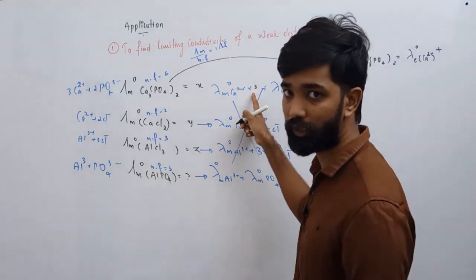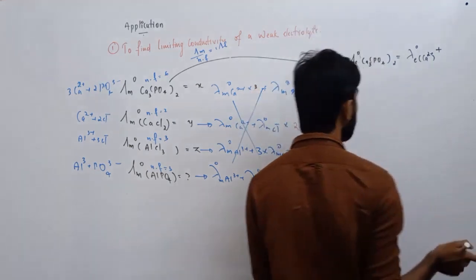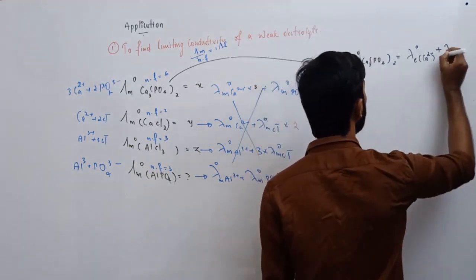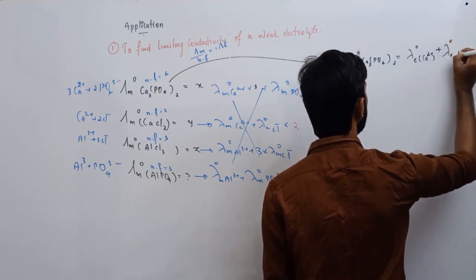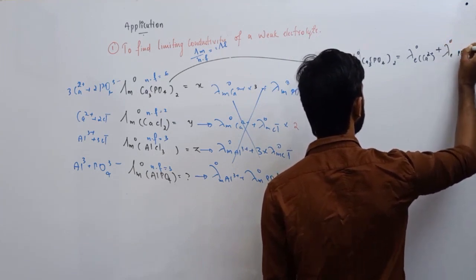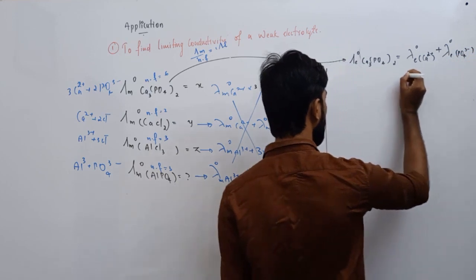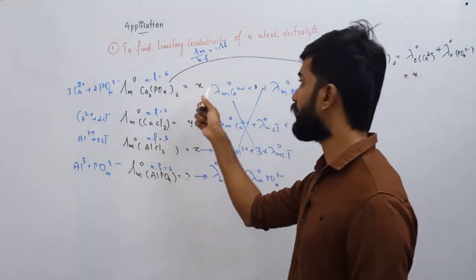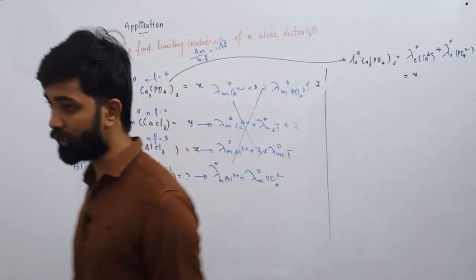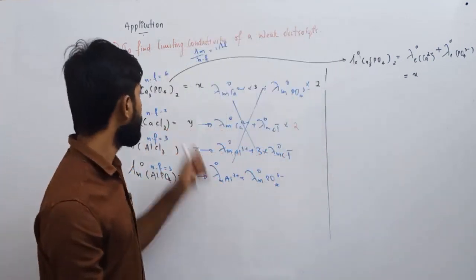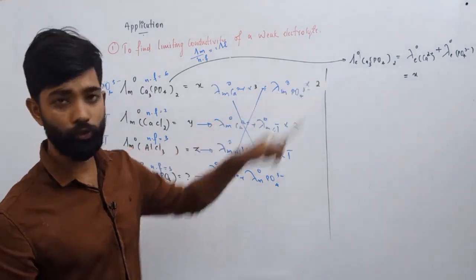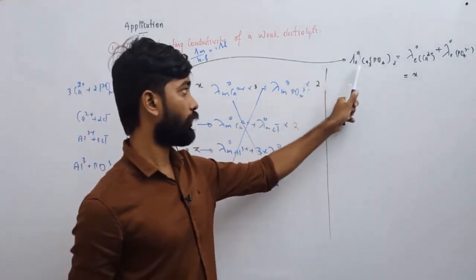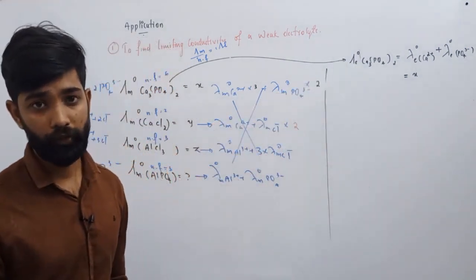No need of multiplying with 3, because you know the difference between molar conductivity and equivalent conductivity. And this value is not equal to X. The X is the molar conductivity of calcium phosphate, but we wrote the equivalent conductivity, right?